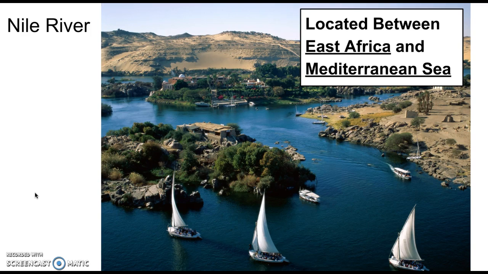The Nile River actually begins in Lake Victoria, which is down in Tanzania, and then runs north all the way up to the Mediterranean Sea and allows for major cities like Khartoum in Sudan and then Cairo in Egypt to exist in an otherwise very dry area.